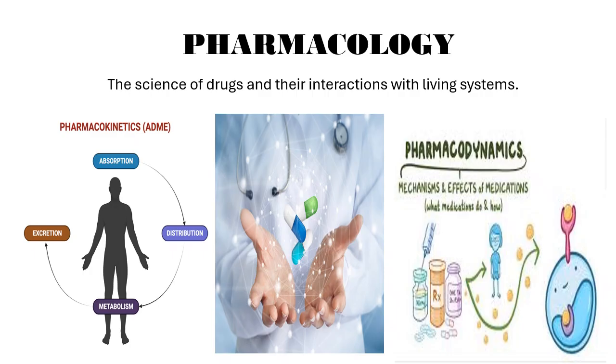All these things come under pharmacodynamics. I'm not explaining in detail here because the main term I'm going to explain is pharmacotherapeutics. But before understanding pharmacotherapeutics, we should know what pharmacology is, because it also has a major role in pharmacotherapeutics.